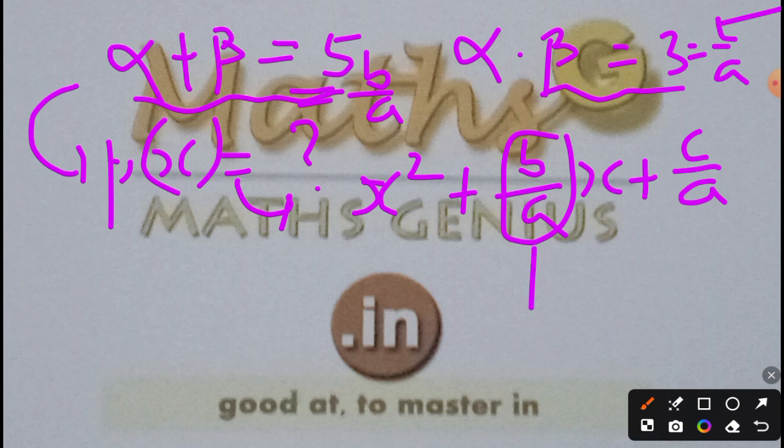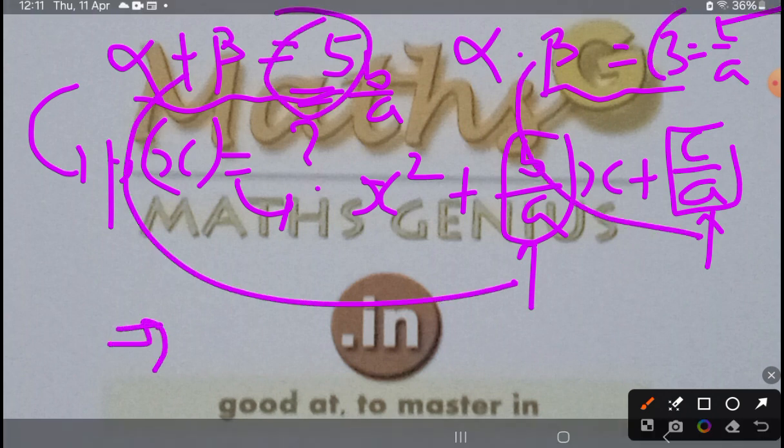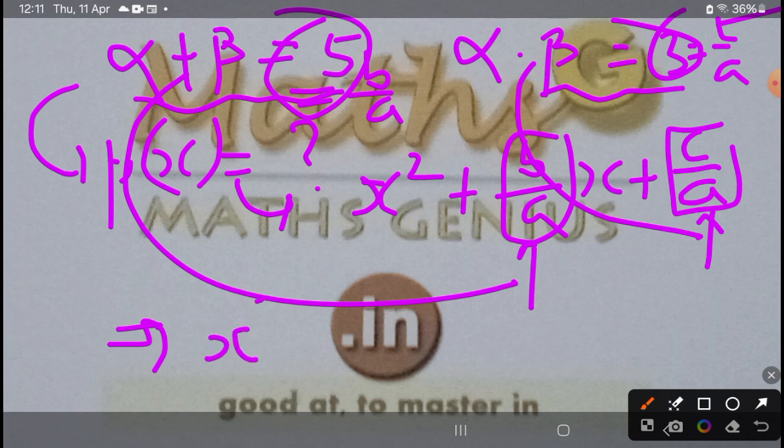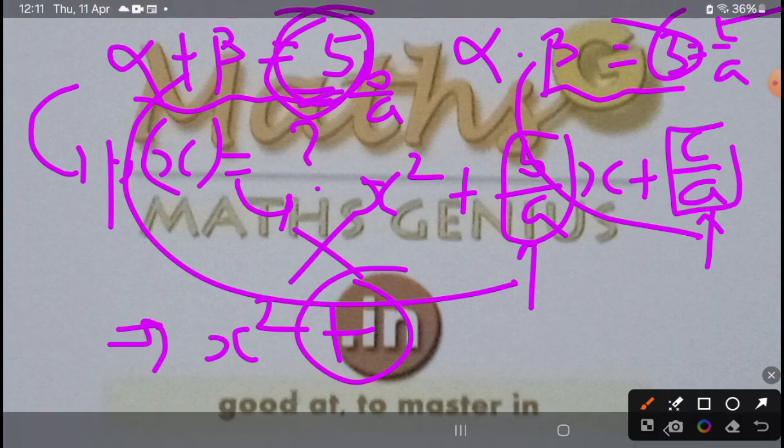So here we want to replace the negative value of the b by a, and here we want to replace it with c by a, but this comes from the sum, and this comes from the product. So whatever the given values are, 5 and 3, we are going to replace them. So the polynomial can be concluded as, sorry, not to use this plus over here, let me tell you, no, don't use the plus, we'll be using the negative value of the given one.